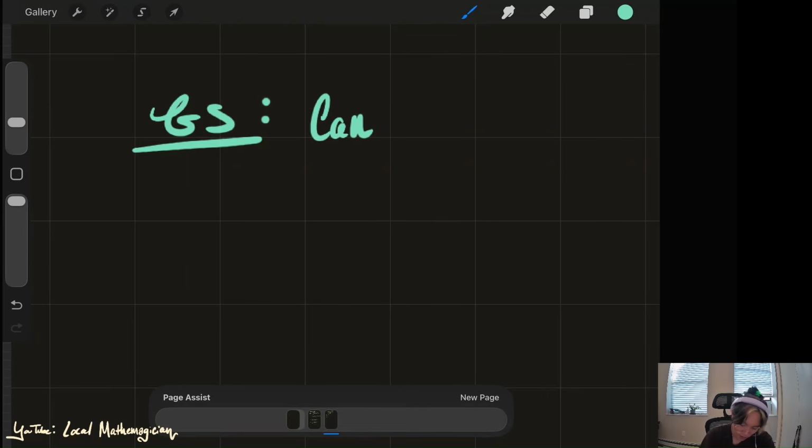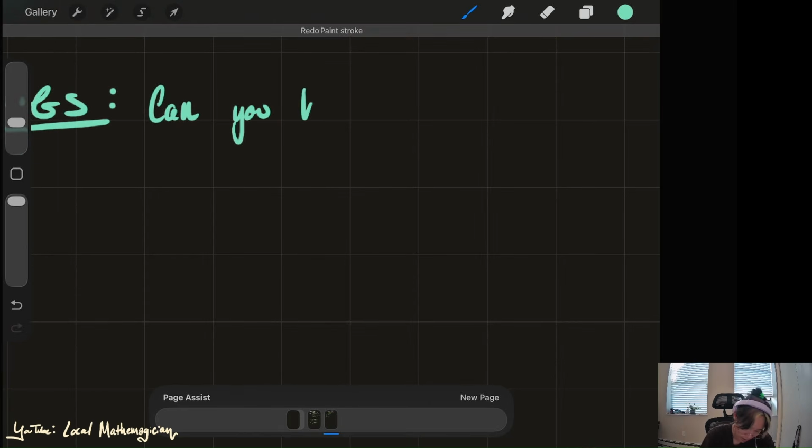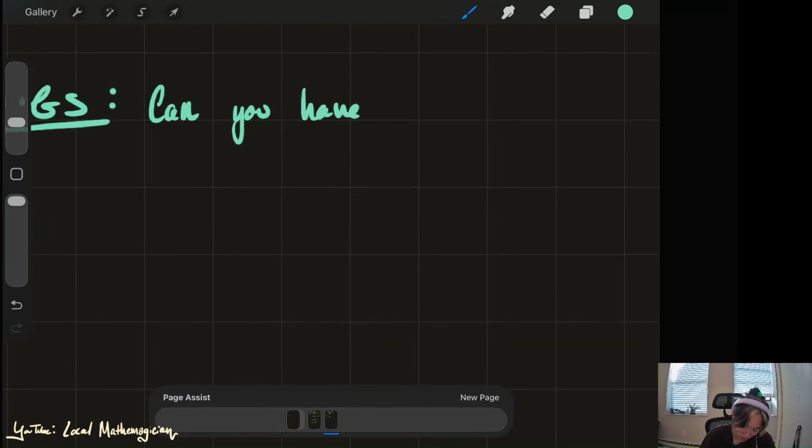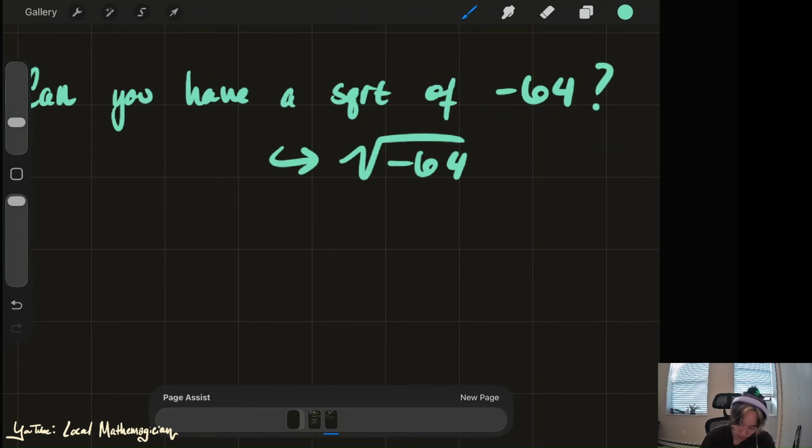Can you have a square root of negative 64? That is to say, can I solve for this?